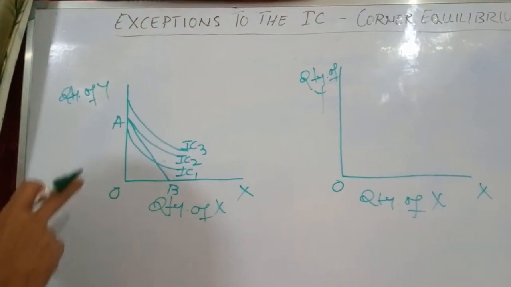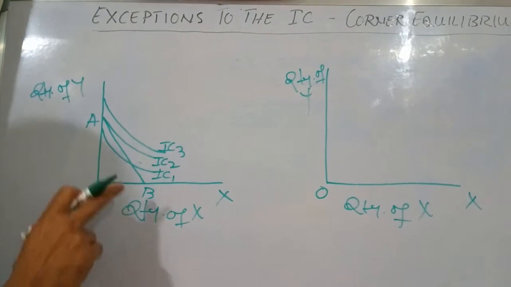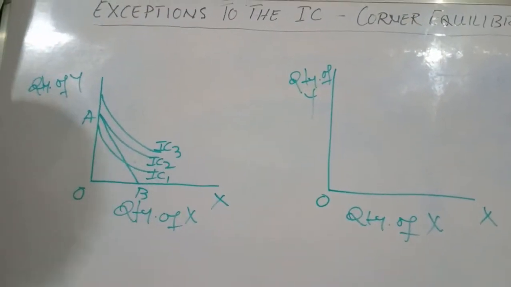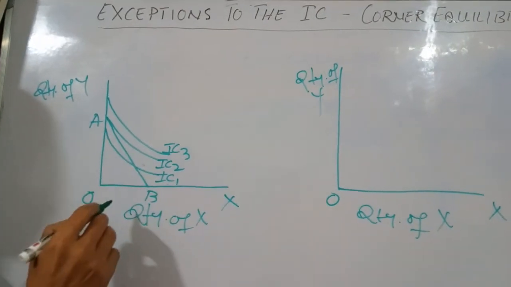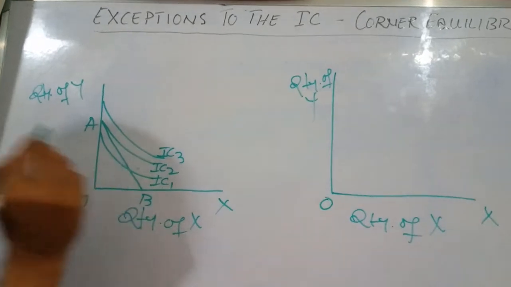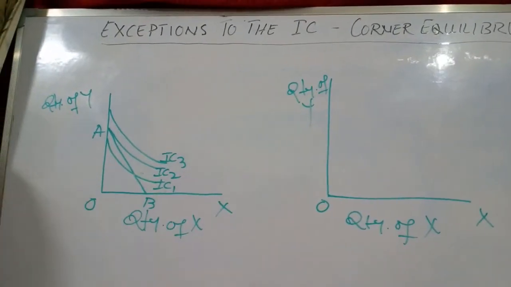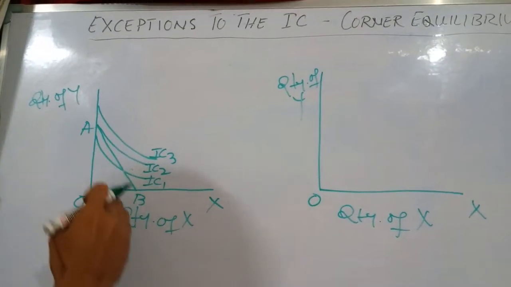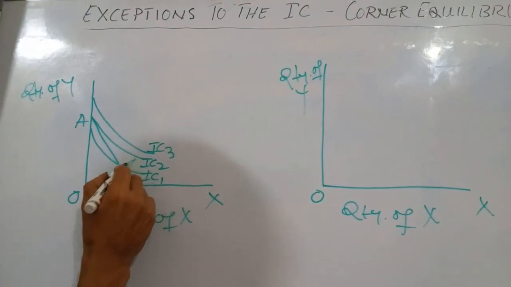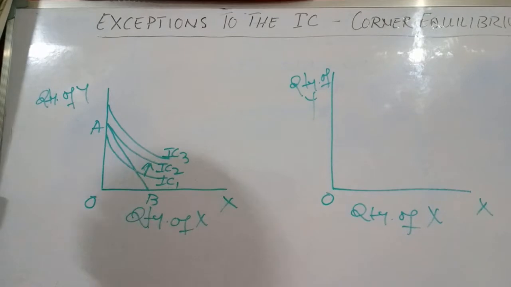You see, budget line AB intersects IC1 and meets IC2 at point A. So the consumer will not stay here, because it is not a point of tangency, and with the same budget line he can move to a higher indifference curve, that is to IC2. So he will move to IC2.